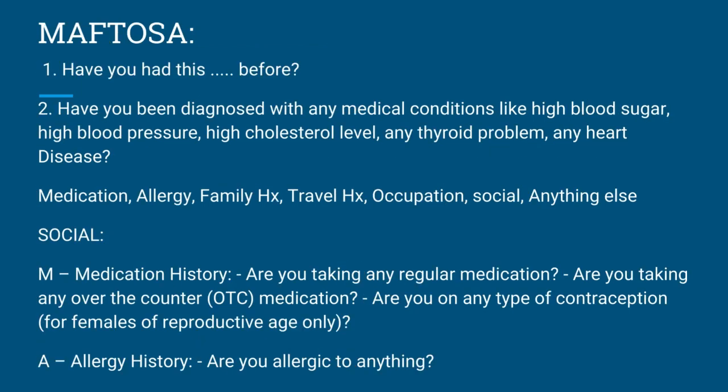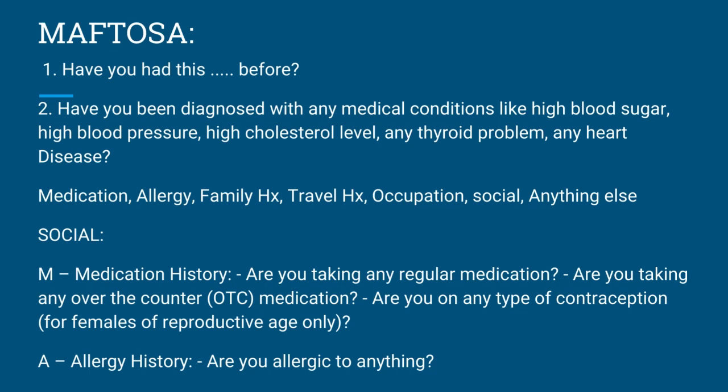Now, moving on, another mnemonic that you need to mention when you're taking the history is MEFTOSA. MEFTOSA is one of the things that do save you in the exam if you are unable to make your diagnosis, because there's something in this mnemonic that will help you lean a bit towards your diagnosis.